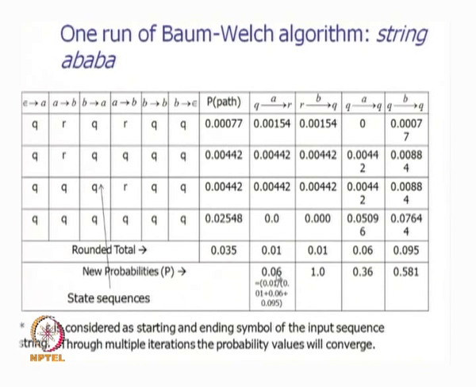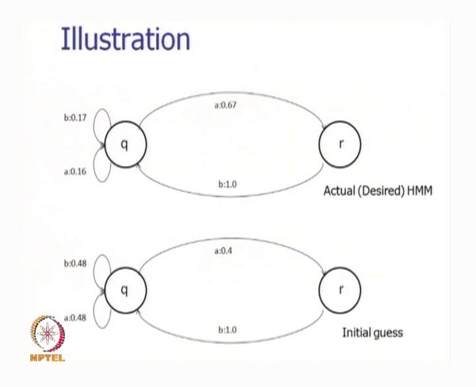So, we started with the initial probability Q to R on A as 0.48, and we have to reach a value of 0.16. So, this has to reduce. For Q to R on A, we started with 0.04 and we have to reach a value of 0.67.